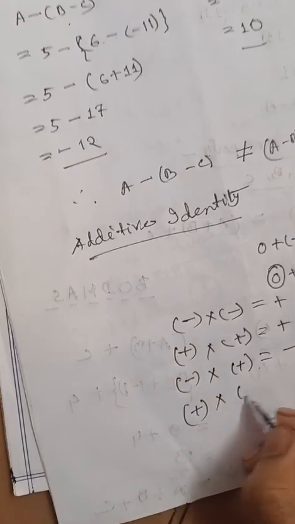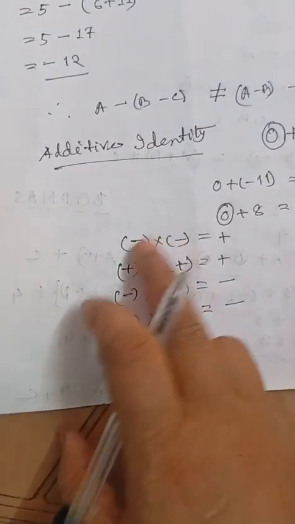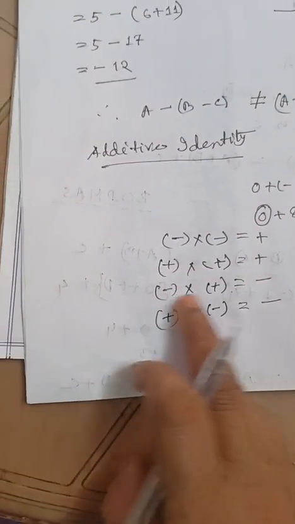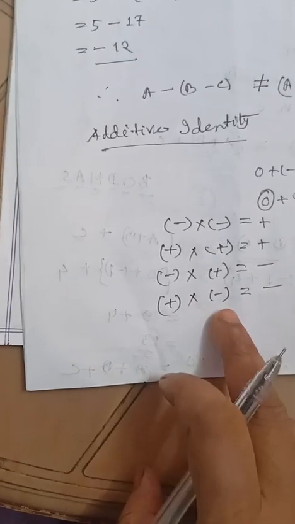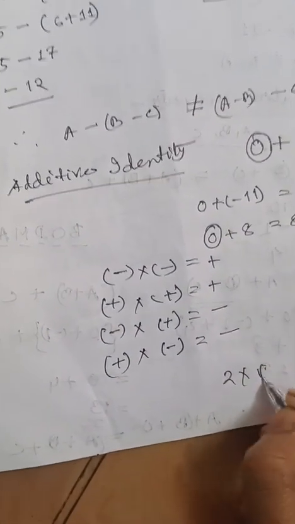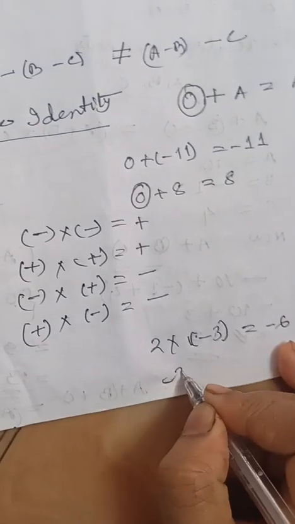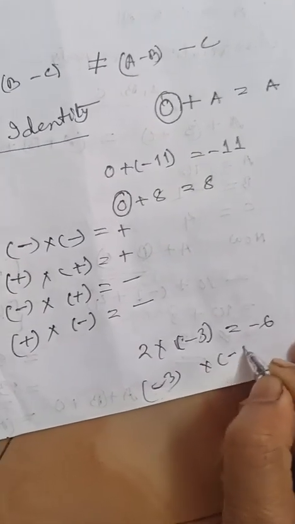Negative into negative is positive, positive into positive is positive, negative into positive is negative, positive into negative is negative. Like this you can do the problem. Suppose 2 into minus 3. What is the result? Minus 6. Minus 3 into minus 3. What is the result? 9.